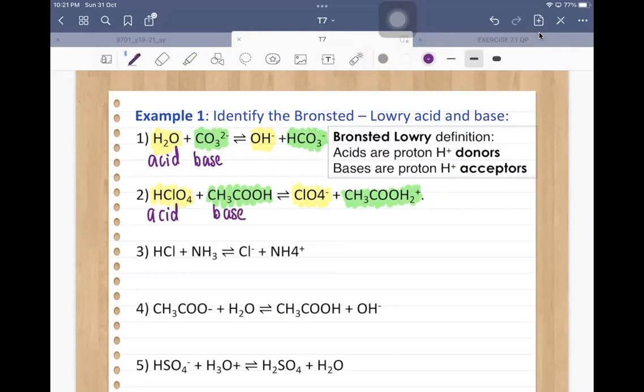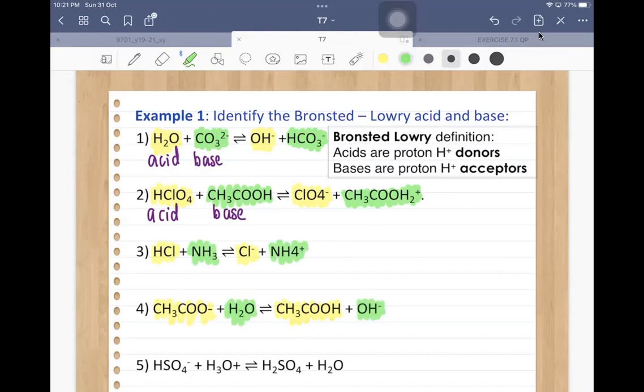Okay, so I will just color coordinate them for you again. HCl has become Cl minus, NH3 has become NH4 plus. Now it's your turn to decide which one is an acid, which one is a base. Next, CH3COO minus has become CH3COOH, whereas H2O has become OH minus.